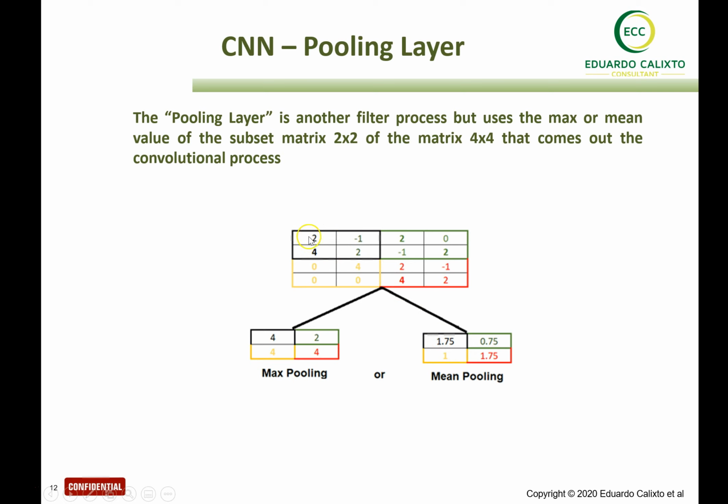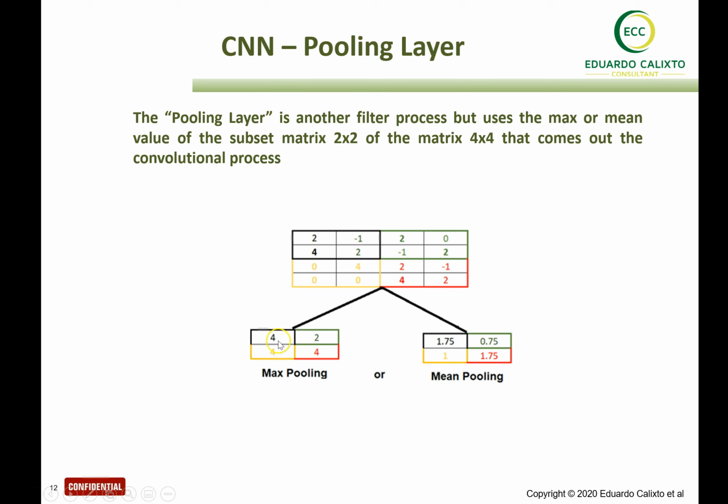And then I divide the matrix into 2 by 2 regions, 4 different regions: 1, 2, 3, and 4. Now what I'm going to do is get the maximum value, which is optional and depends on the algorithm that you have. They use maximum pooling. Maximum pooling means that you get the highest value that I have in here.